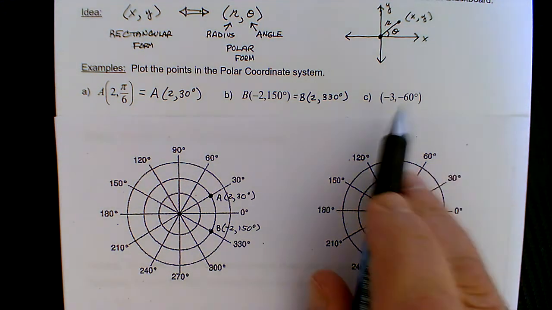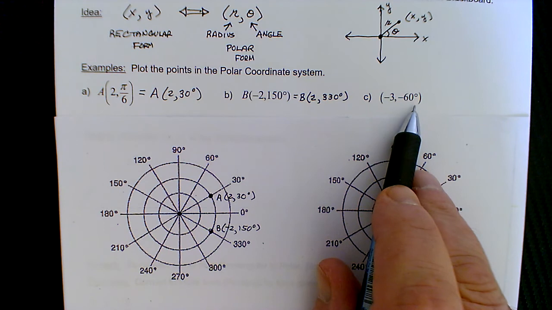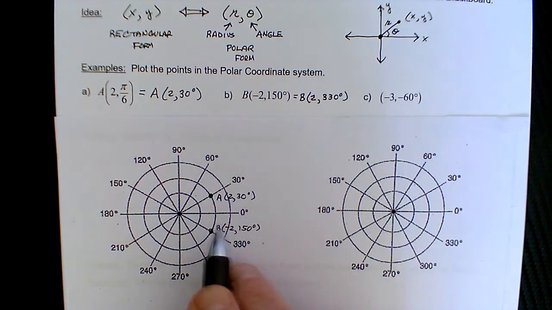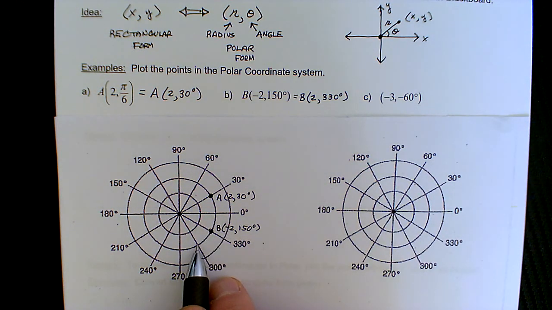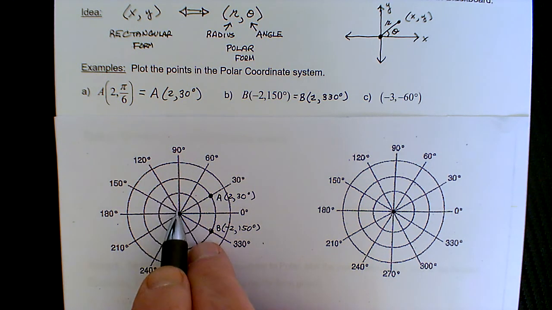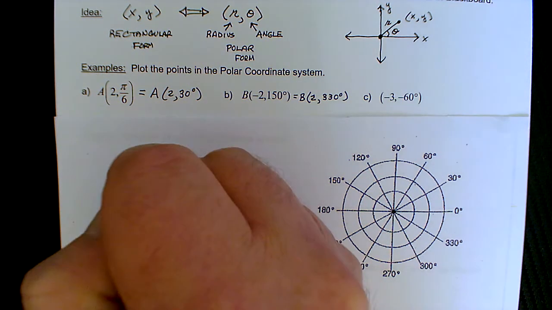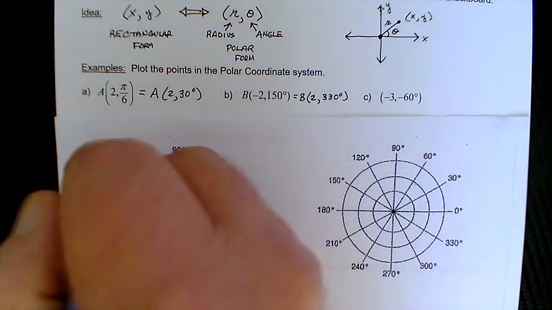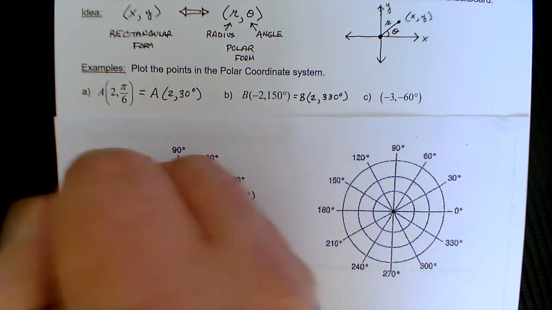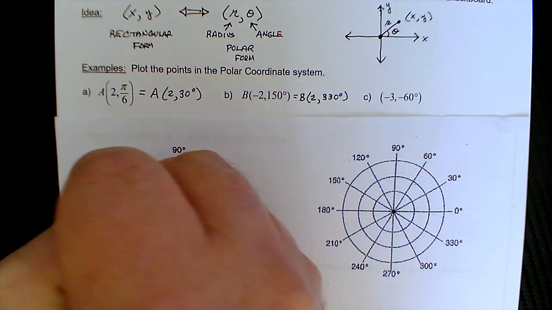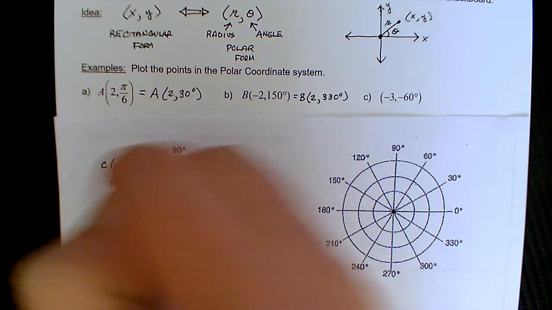And then one final point to plot here, (-3, -60). So both are negative. -60 means clockwise 60 degrees. So actually along the 300-degree radial line, -3 units. So opposite to 300 is 120, 3 units, 1, 2, 3. That would put us right here, and that would be the point C, which is -3 and -60 degrees.